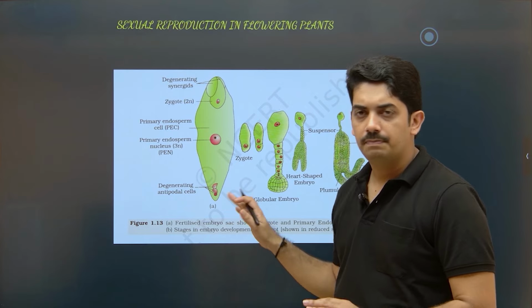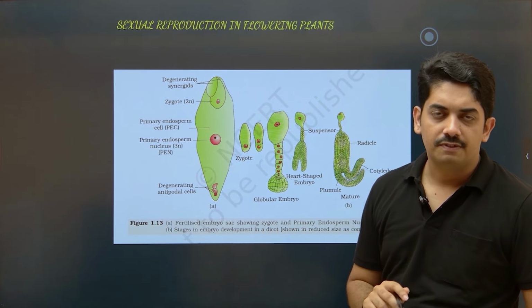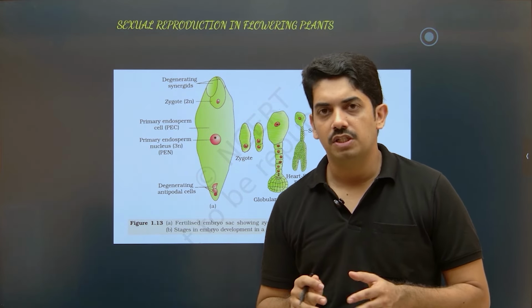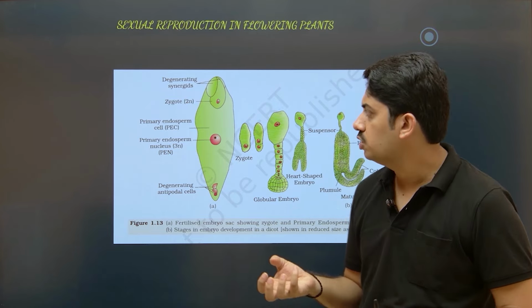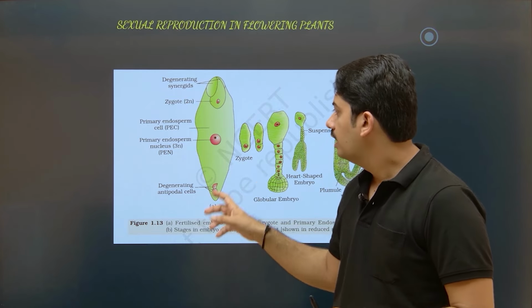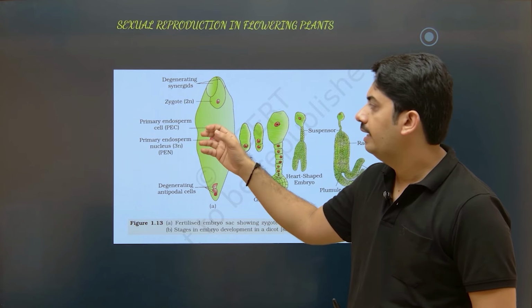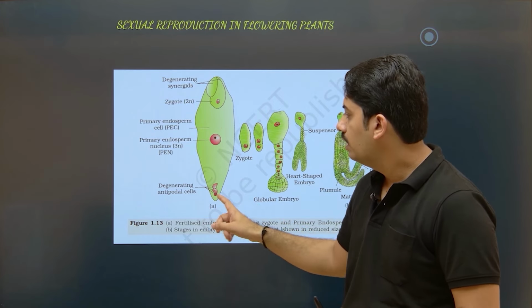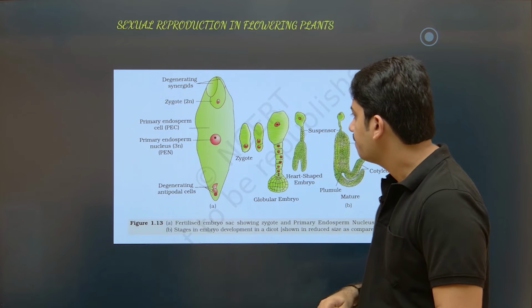Now in this picture you can see that the synergids, after fertilization, undergo degeneration. That means whatever nutrient content is there will be consumed by the developing zygote, and the endosperm nourishes the developing zygote, and the zygote will develop into the embryo. These antipodal cells also undergo degeneration.